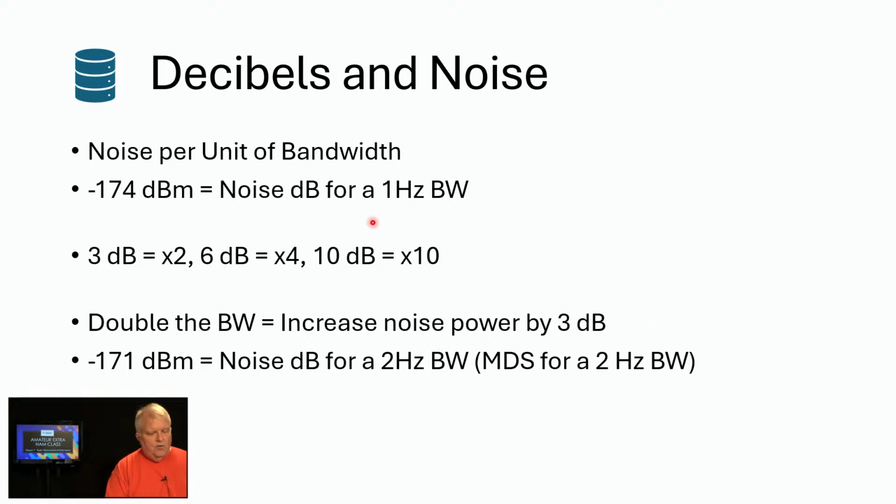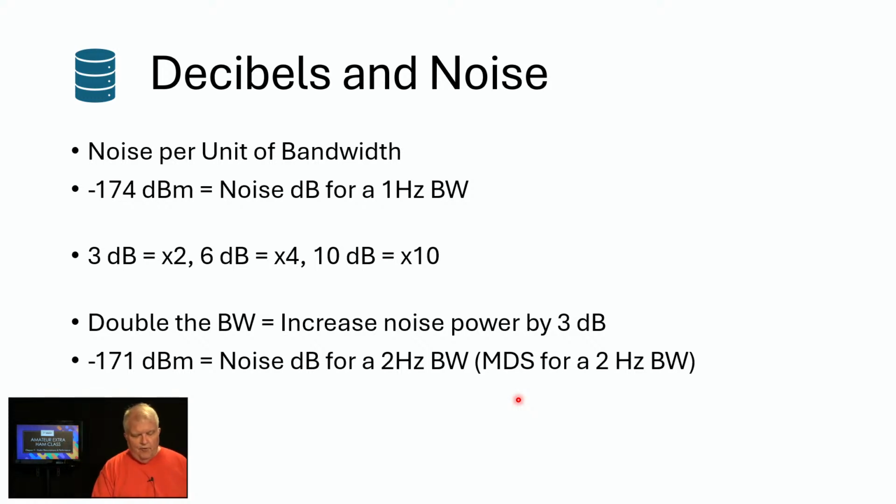So we started with minus 174, but if we double the bandwidth, it goes to minus 171. Remember, these are minus numbers. So 3 dB is actually a smaller number, but it's a smaller minus. So this is the minimum discernible signal for a 2 hertz bandwidth.